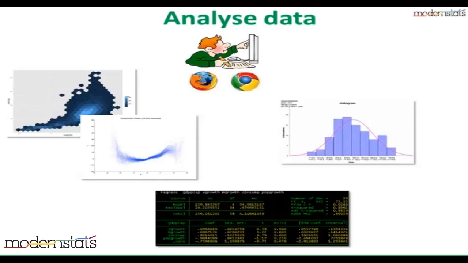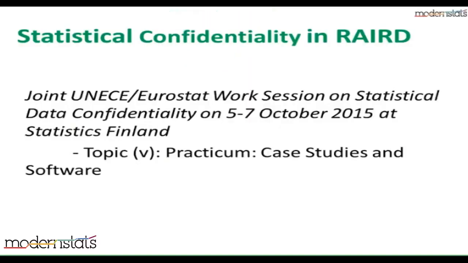So they will be able to see some results for a regression analysis, they'll be able to make and create their own variables, they'll be able to look at charts and figures, provided that the final output has gone through the disclosure control system. They will then be able to share their outputs with other colleagues in the same project and be able to use the outputs in their publications.